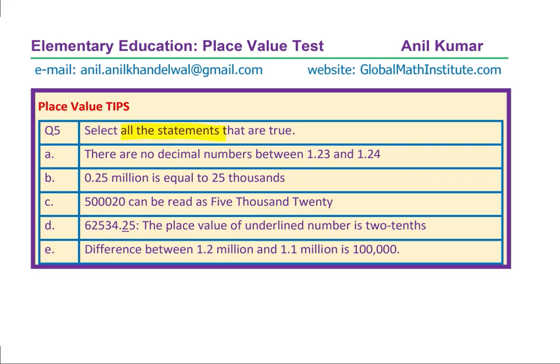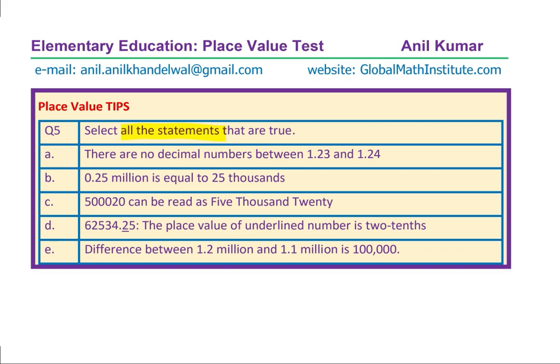All these statements means there could be more than one statement which is true. A. There is no decimal number between 1.23 and 1.24. B. 0.25 million is equal to 25 thousandths. C. 5,000,020 can be read as 5,020.